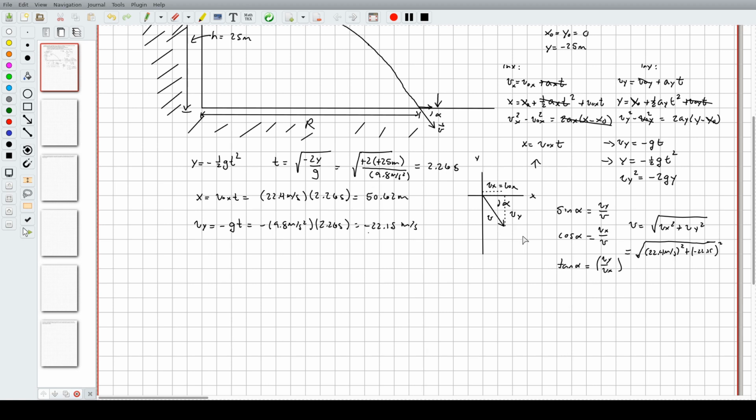Okay, so what's our velocity here? 22.4 squared plus minus 22.15 squared. And I get 31.5 meters per second.